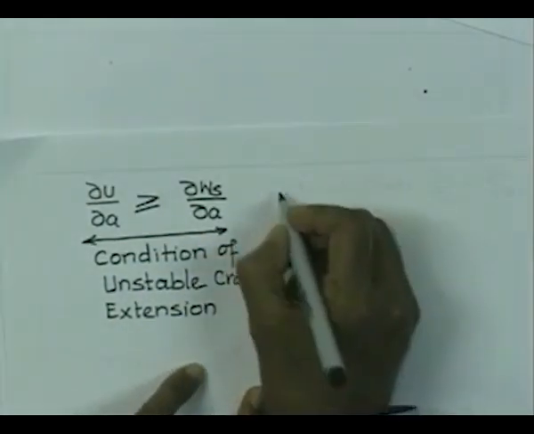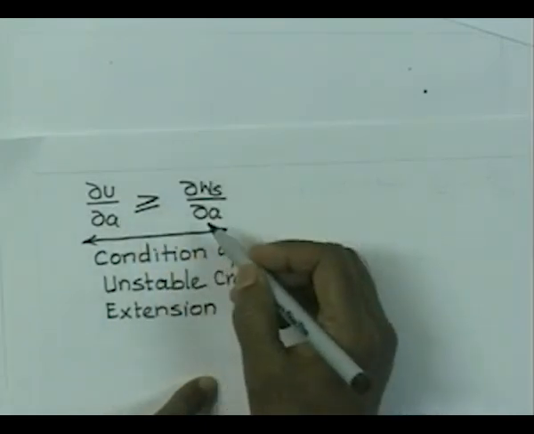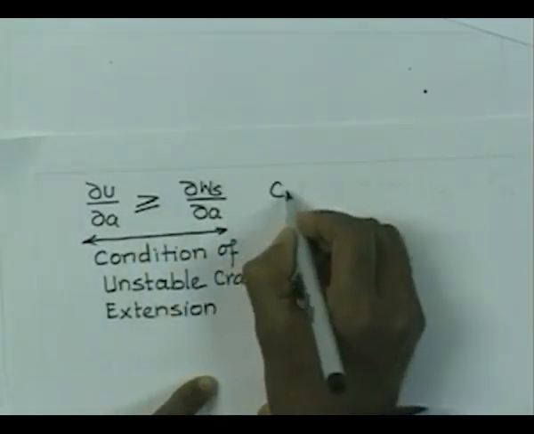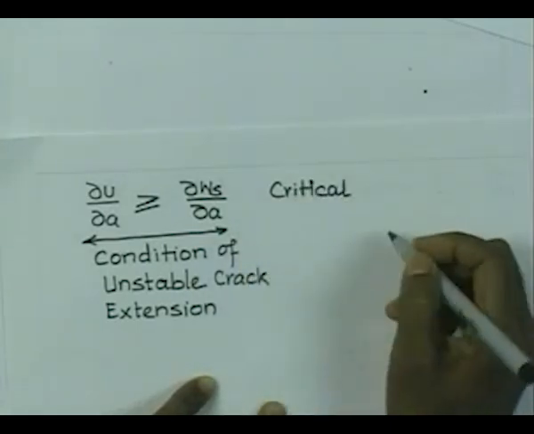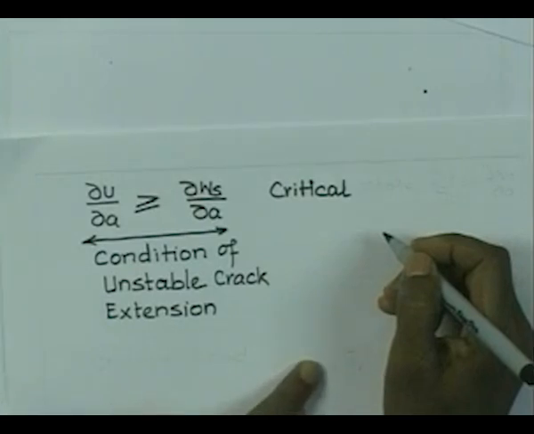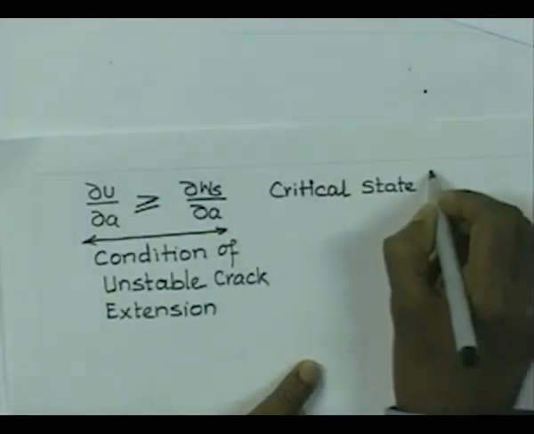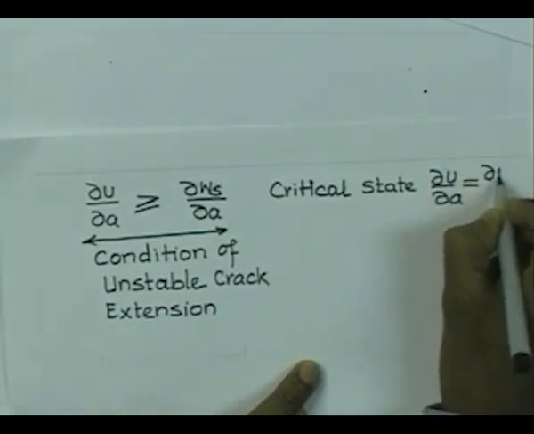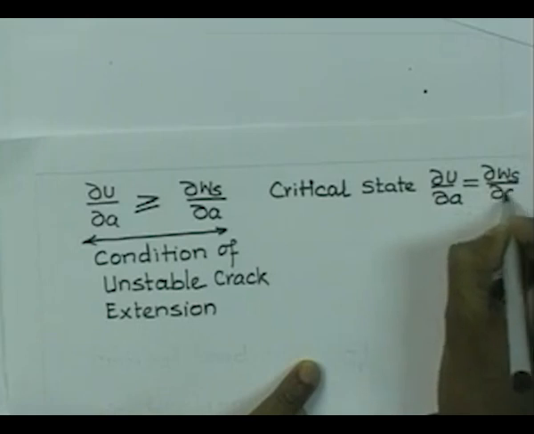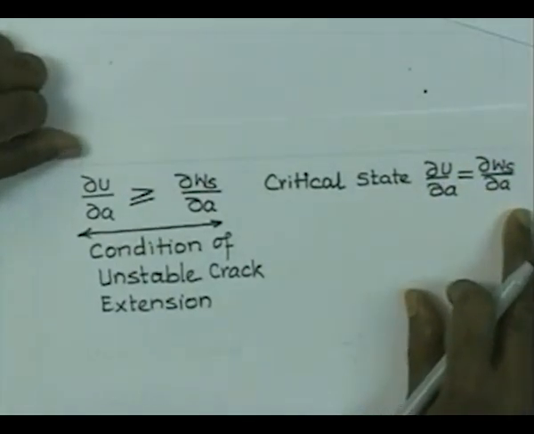So, the critical state is reached when delta W by delta A is equal to delta Ws by delta A. So, the critical condition when the crack is going to begin to extend is given by this condition, delta W by delta A is equal to delta Ws by delta A. So, the crack is going to extend when delta W by delta A is equal to delta Ws by delta A.